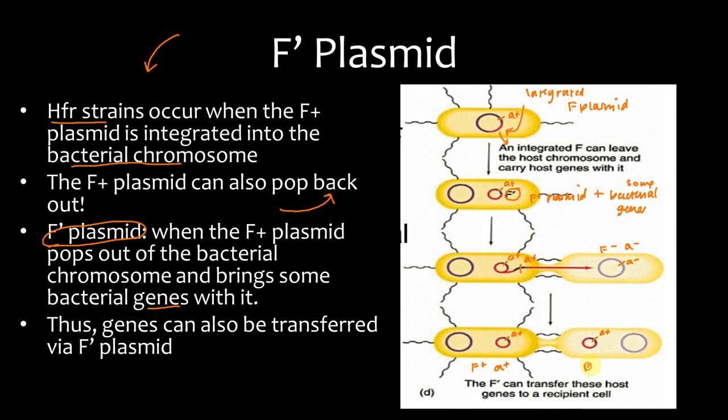Then you're left with an F plus plasmid with the A plus, which is this, but also this one, which is F plus A plus as well, because now we have this F plasmid with the A plus gene, and as we know, a plasmid that's integrated can also express a gene that's on the plasmid, okay? So thus genes can also be transferred via the F prime plasmid, not the F plus.